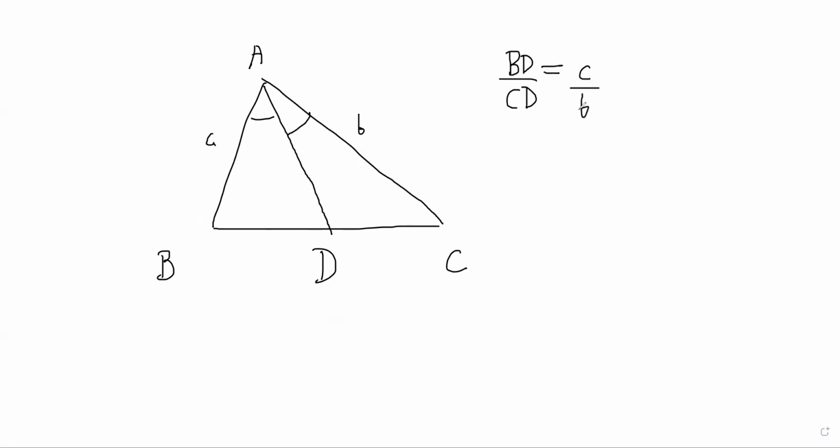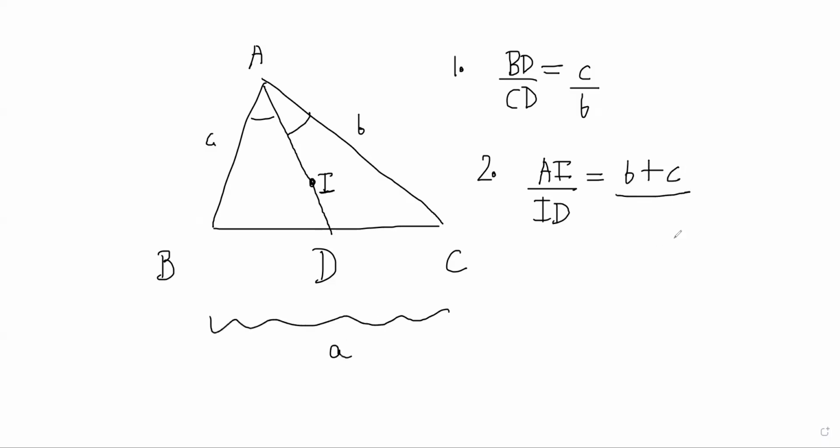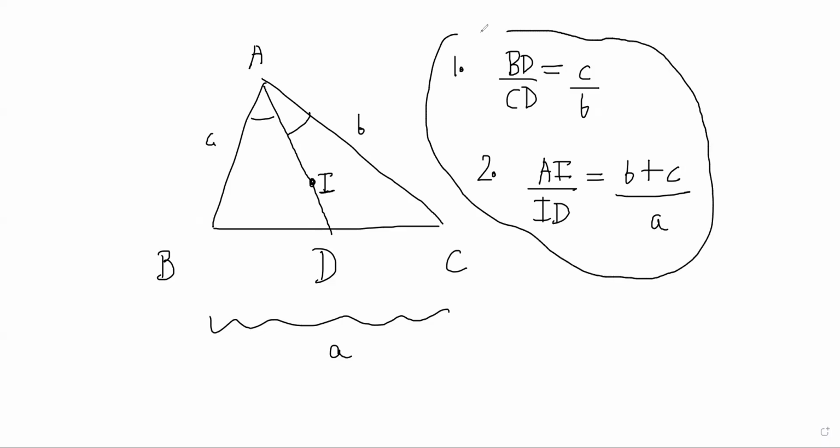That's the first result. And the second result is the incenter I will divide the angle bisector such that AI by ID will be in the ratio (b + c) by the third side a. So if you combine these two and apply the section formula, you can derive the formula that I just now used.